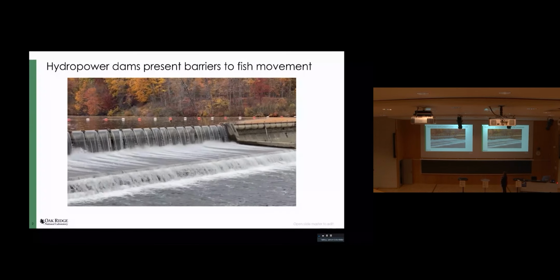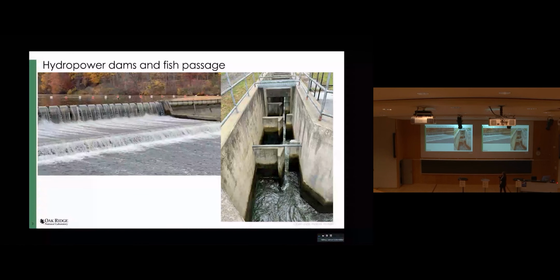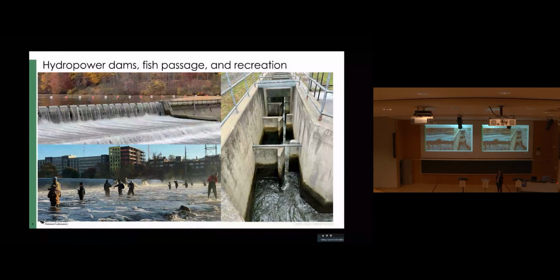To mitigate this impact, fish passages are installed at non-powered and powered dams to allow fish to complete their migratory life cycles. This is not only important for fish health and population and species persistence, but it's also important for ecosystem function and ecosystem services such as healthy recreational fisheries.